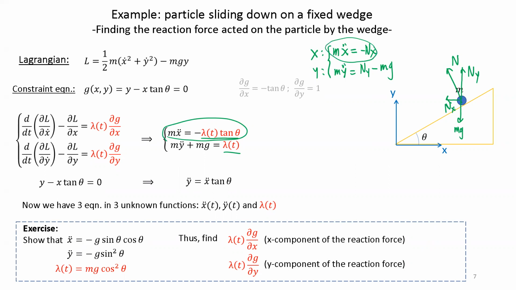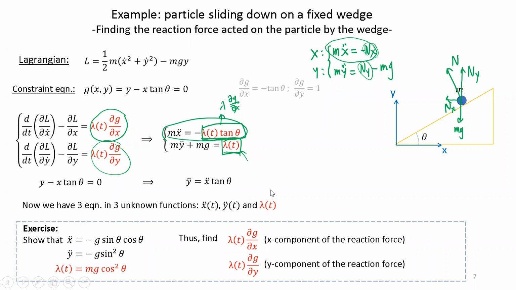You can see that this nx over here indeed is this term, and this ny indeed is this term, because this term itself is lambda partial g partial x, and this term is lambda partial g partial y.